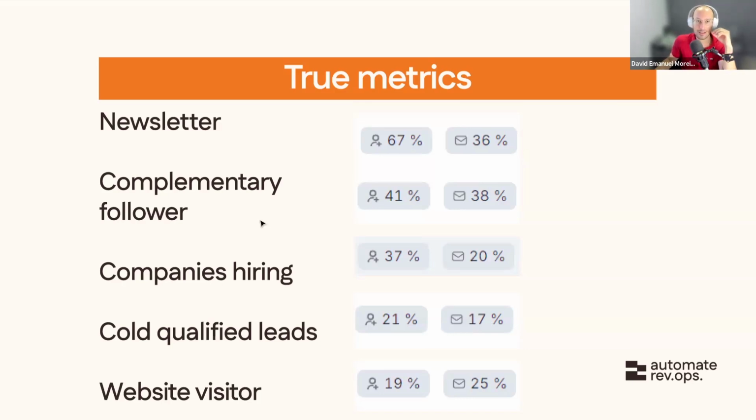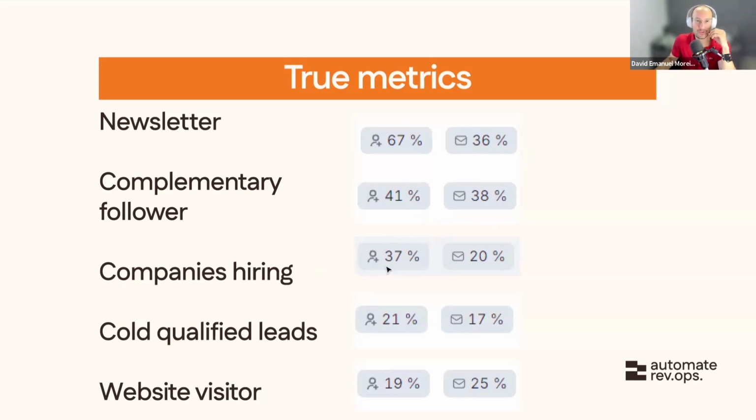That's also really powerful because you know that the lead is aware of your solution, or at least they need a solution in the same field. So that drives a lot of accepted connection requests, a higher connection rate, and also a higher reply rate.